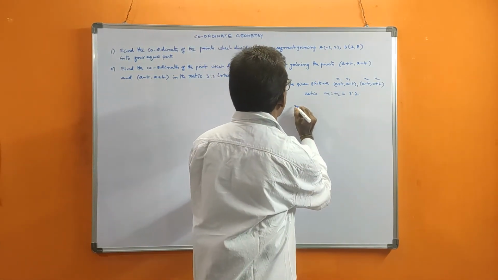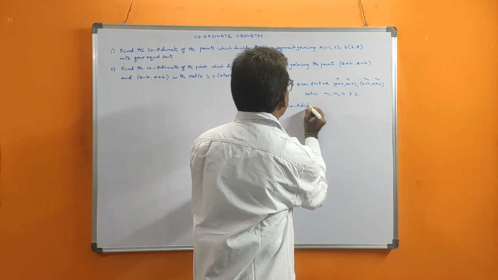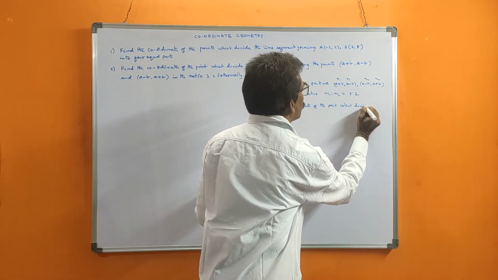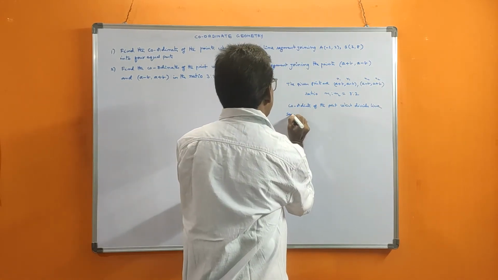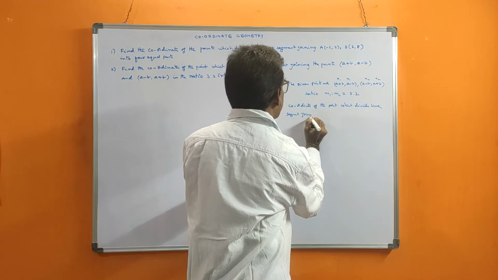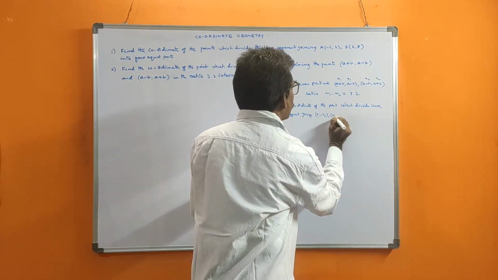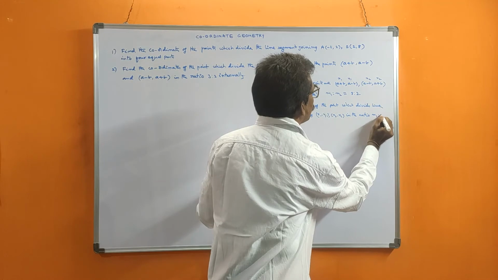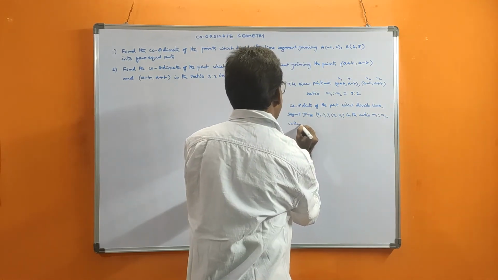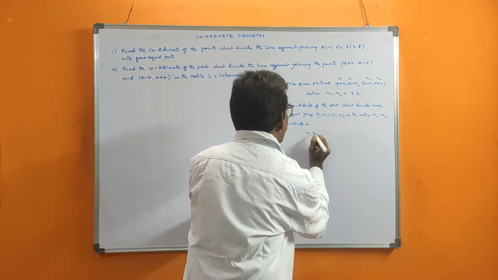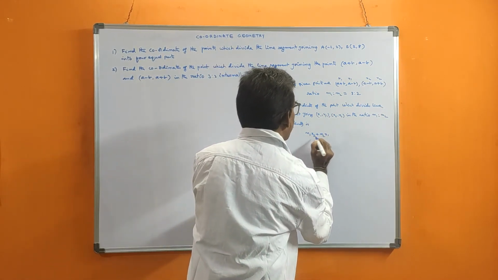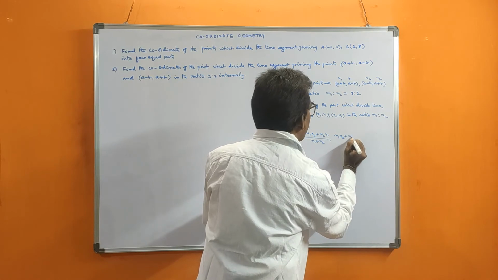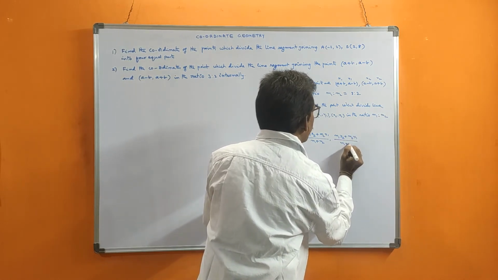What is that formula? The coordinates of the point which divides the line segment joining x1, y1 and x2, y2 in the ratio m1 is to m2 internally is: m1 x2 plus m2 x1 by m1 plus m2, comma, m1 y2 plus m2 y1 by m1 plus m2.